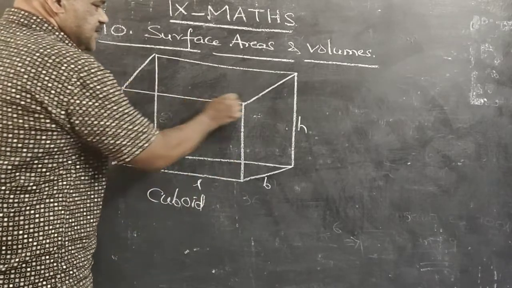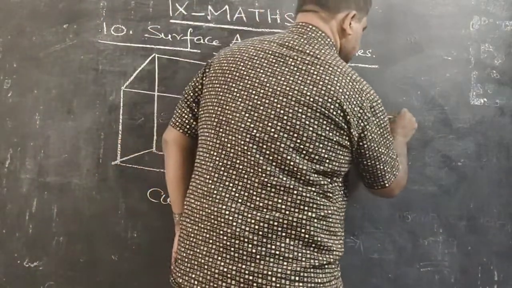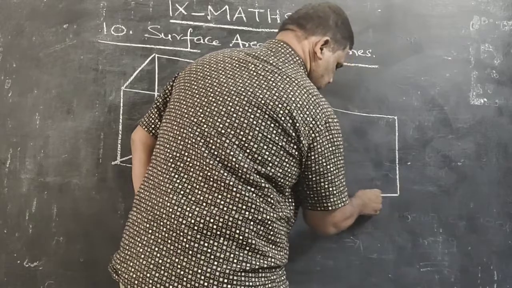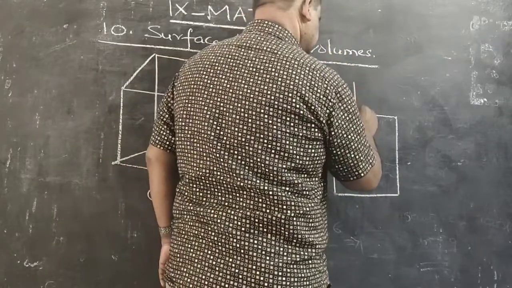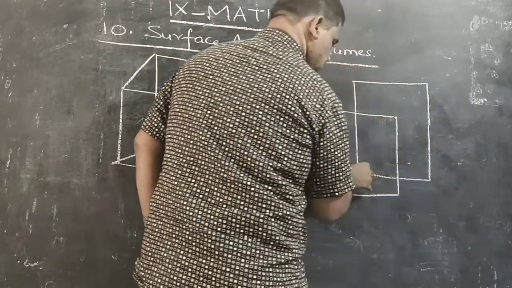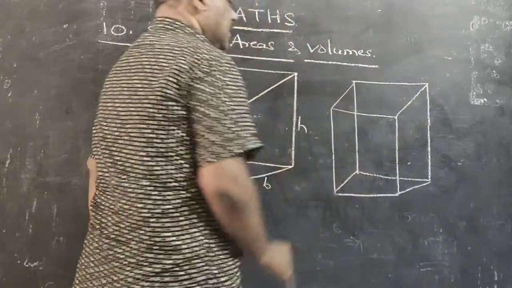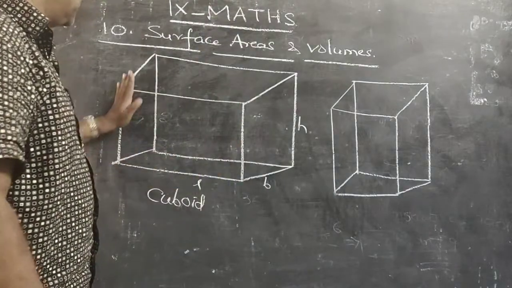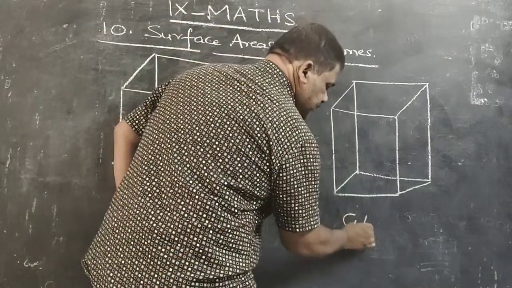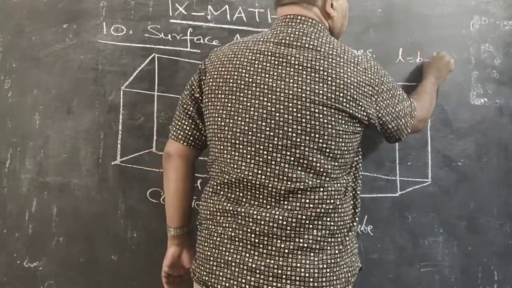If the face of a cuboid becomes a square, then it is called a cube. For a cube, length, breadth, height, all the 3 will be equal.